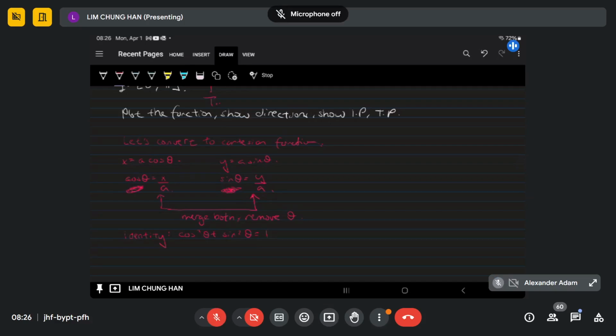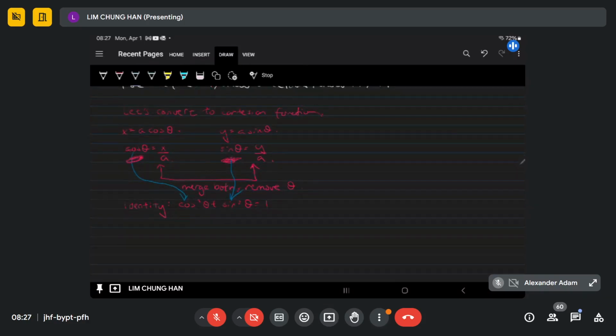Okay. So now basically we have a formula that relates cos and sine together. What we need to do next is substitute this in there.